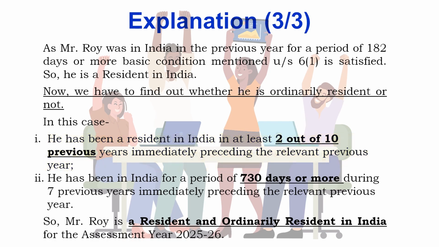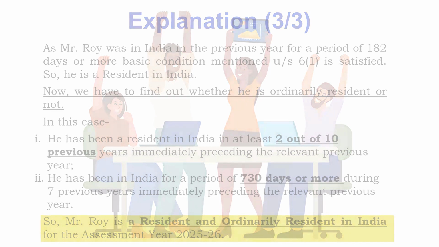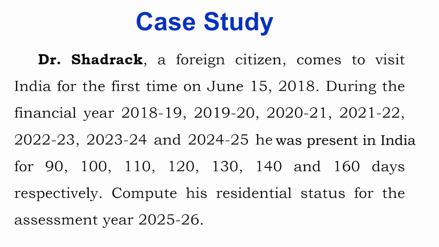And he has been in India for a period of 730 days or more during 7 previous years immediately preceding the relevant previous year. So, Mr. Roy is a resident and ordinarily resident in India for the assessment year 2025-26. Now, let's see another case study.